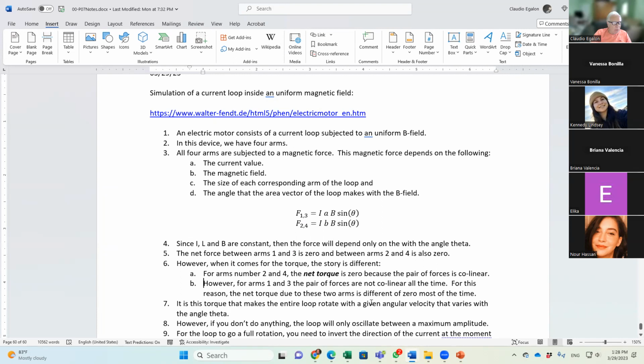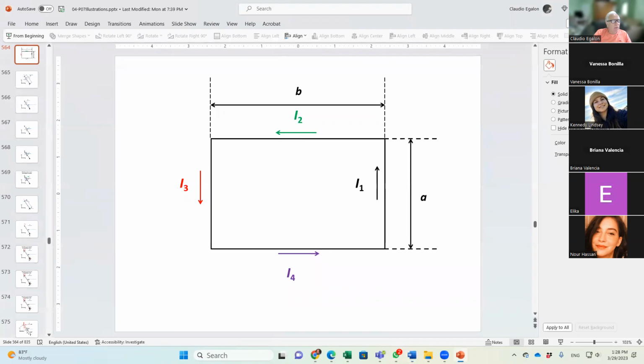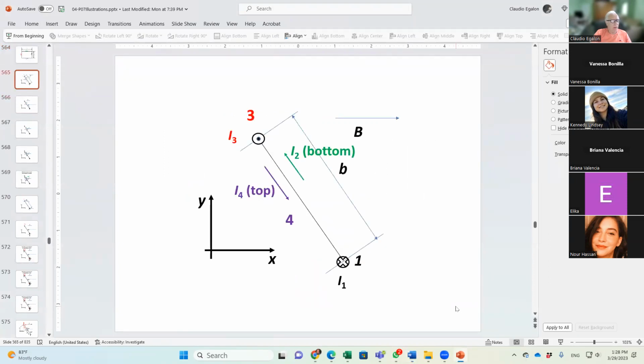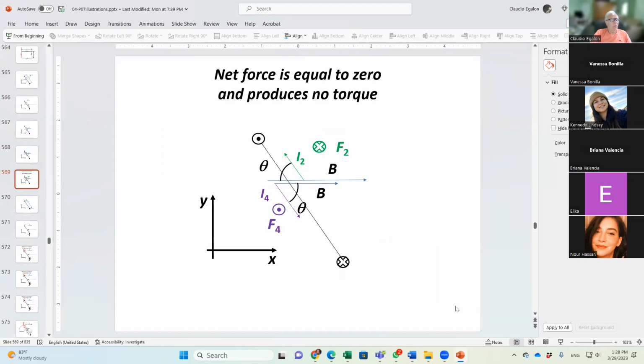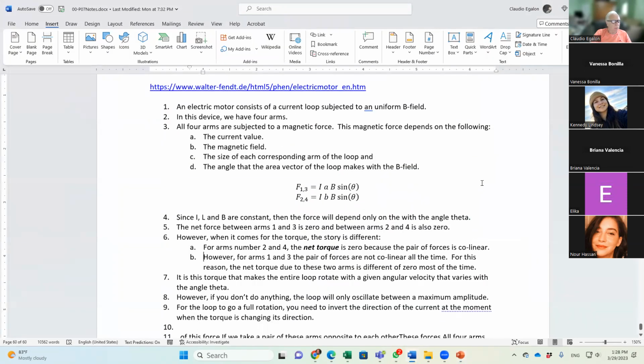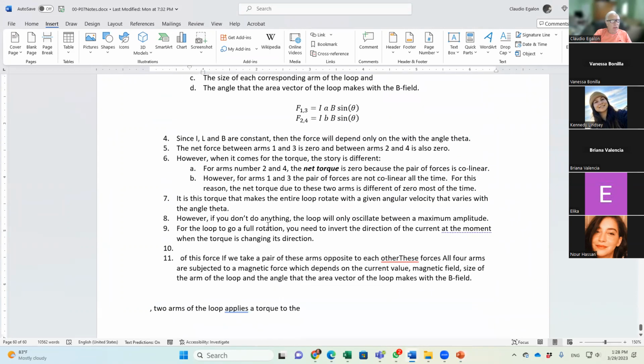For this reason, the net torque due to these 2 arms is different from 0. It is this torque that makes the entire loop rotate with a given angular velocity that varies the angle theta.